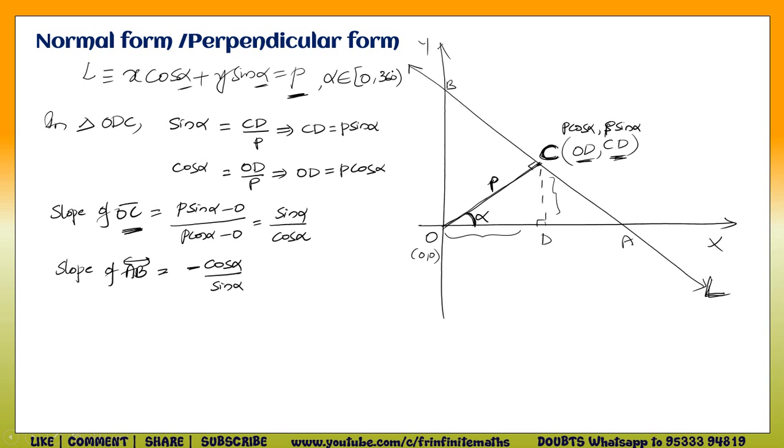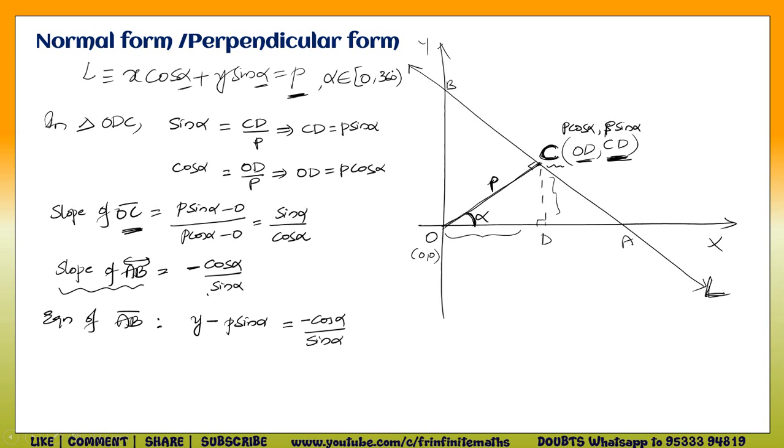Now since I have the slope of AB and a point C which is on AB, by using the point slope form I can write down the equation of AB. So the equation of AB is given by y minus y1. Here y1 is nothing but the CD value, which is p sin alpha, equal to the slope, which is minus cos alpha by sin alpha.